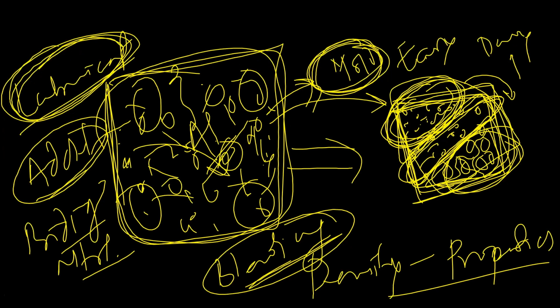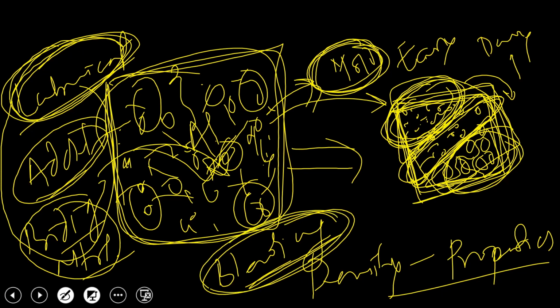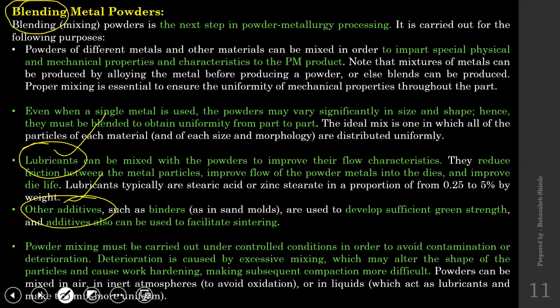When you heat this product, these binding materials will melt, they will form bonds with the powder particles, and they will provide necessary strength to the product. And when you put these elements into the metal powders, again all the elements have to be distributed uniformly, and that distribution will be done using blending. So that is the next step in powder metal processing, and that is nothing but blending. Now once you have mixed all these particles, the next step will be compacting.